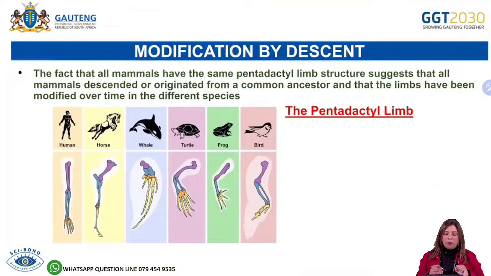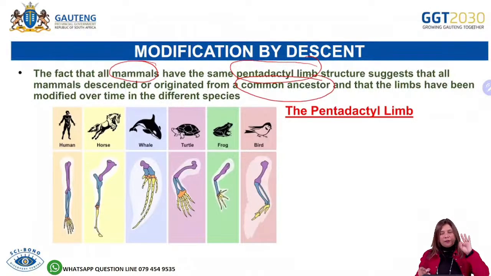The fact that all mammals have the same pentadactyl limb structure suggests that all mammals descended or originated from a common ancestor.